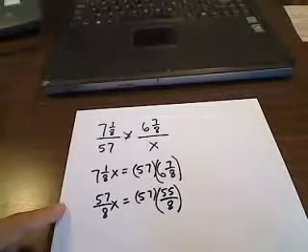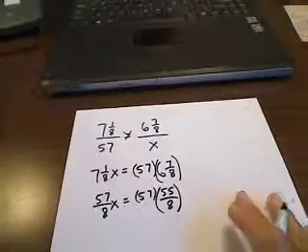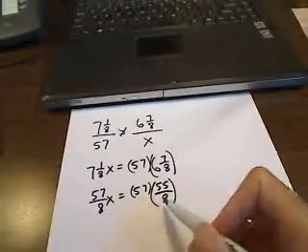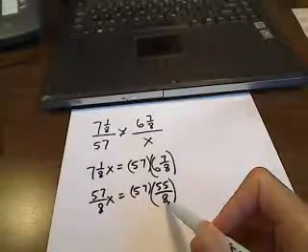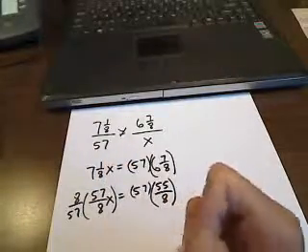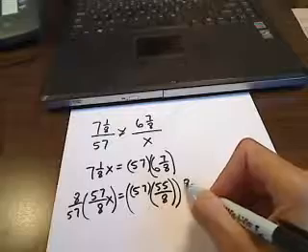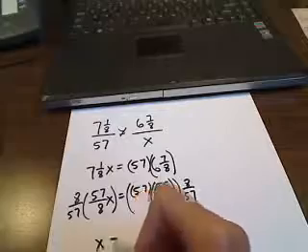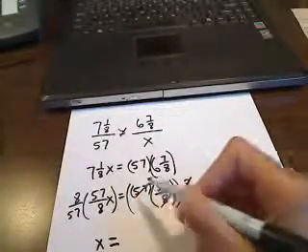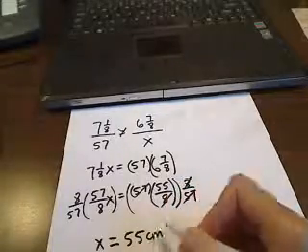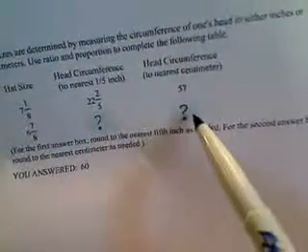Because I see what's going to happen in this problem, I'm going to multiply by 8 over 57 to solve for x, since some things are going to cancel. So x is equal to, the 8's cancel, the 57's cancel, and I'm left with 55. So that's 55 centimeters for the second piece. This right here would be 55.